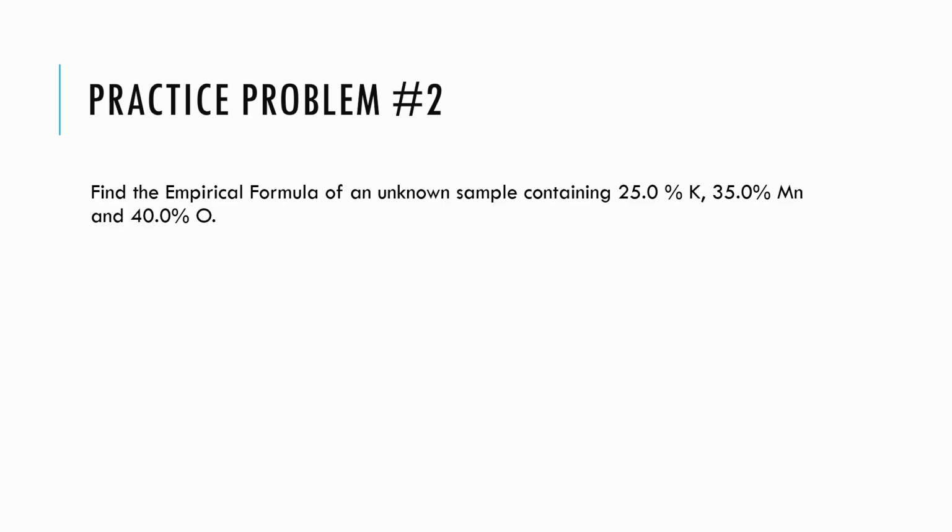Now in this case, same thing as before, just to keep the slide a little bit cleaner and not have a huge periodic table here, I am going to put the molar masses of each of the elements here. So for potassium, just like before, we get 39.098 grams per mole.